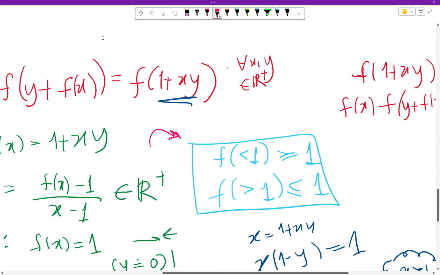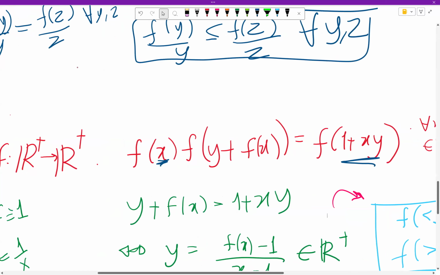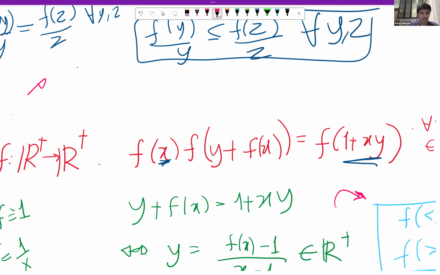Sorry? We can set in the original equation y to f of c, such that f of c is 1. Let c be such that f of c is 1; note it exists because f of something is 1, we have shown. You're saying put y as c?